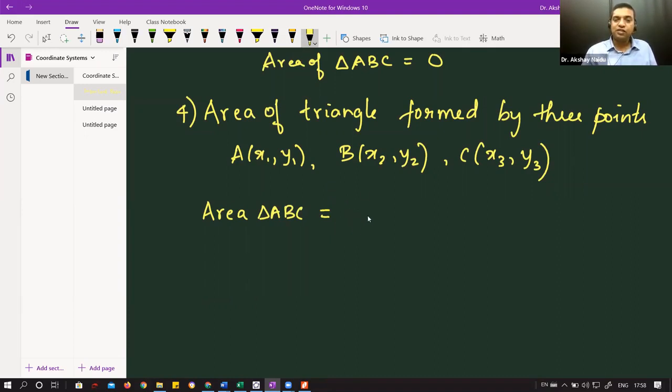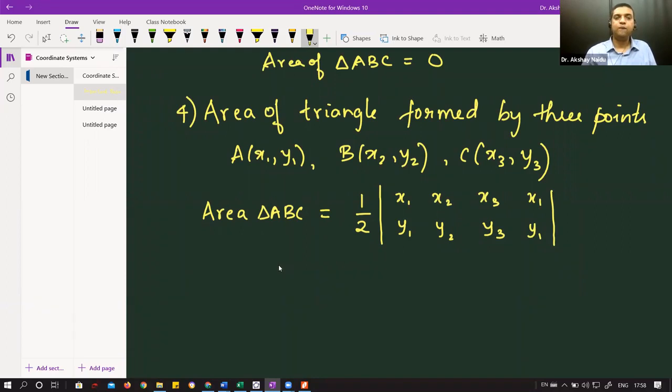The simplest way to find the area of the triangle is you write half, and this is a modulus. Write the first point x1 y1, the second point x2 y2, the third point x3 y3, and again come back to the first point x1 y1.